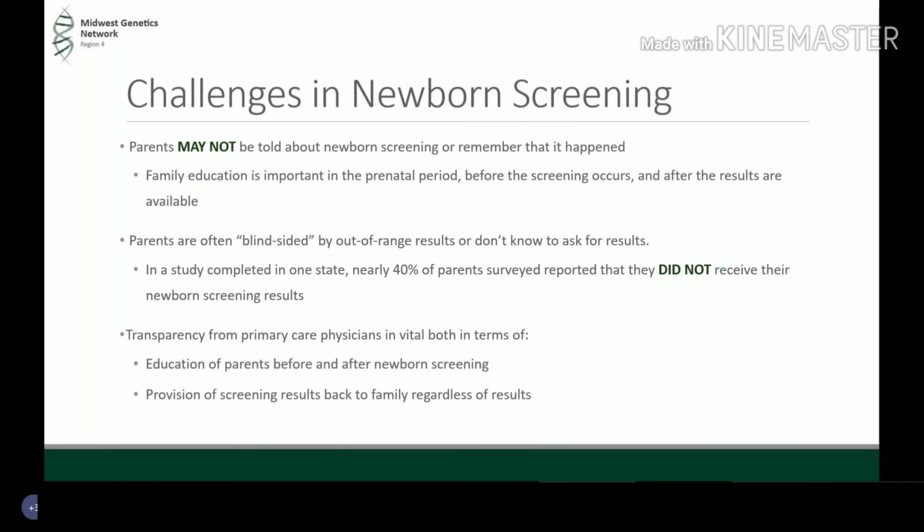And perhaps more telling, nearly all parents reported that they wanted to receive their child's newborn screening results. Thus, the impetus for this series, and this and subsequent modules are aimed at providing guidance and information to meet the new challenges in newborn screening and the desires of the families that the program serves. Next slide.